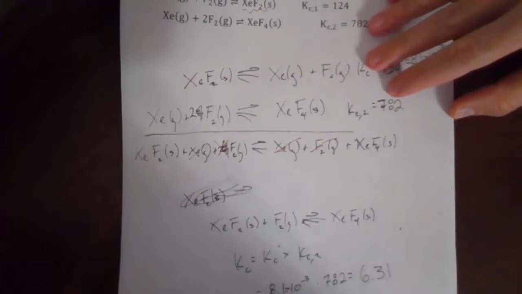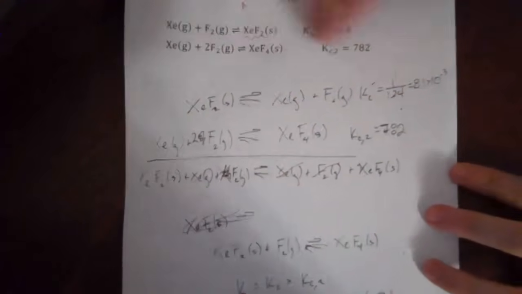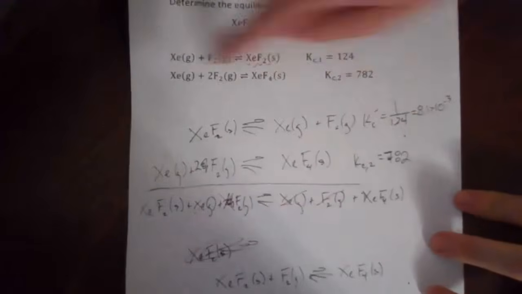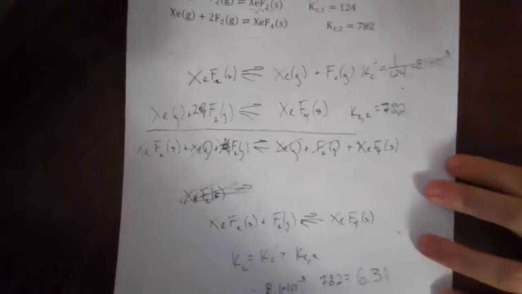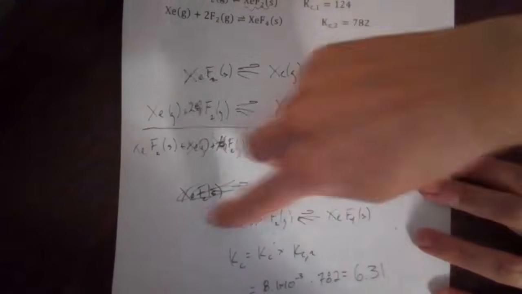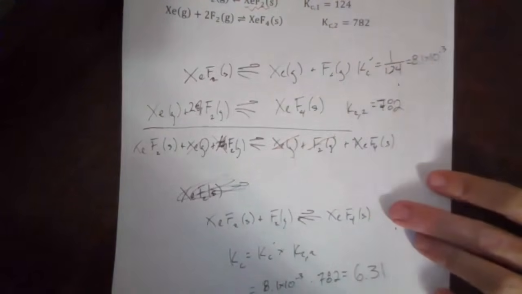And so this is functionally useful. It's not too crazy hard to find equilibrium constants for reactions that look like this, elements forming compounds. And so then you could use that to predict equilibrium constant for this process.